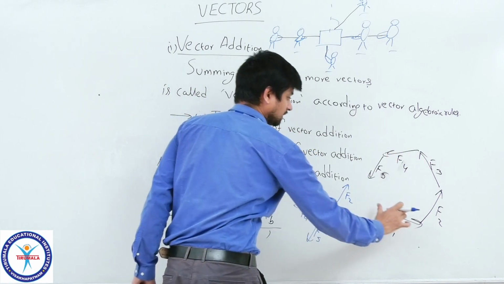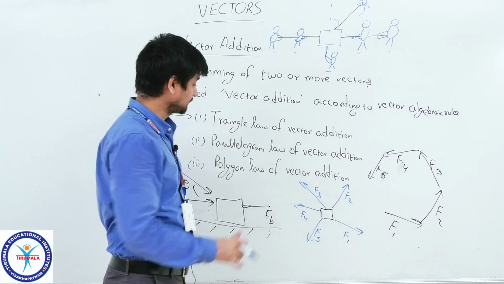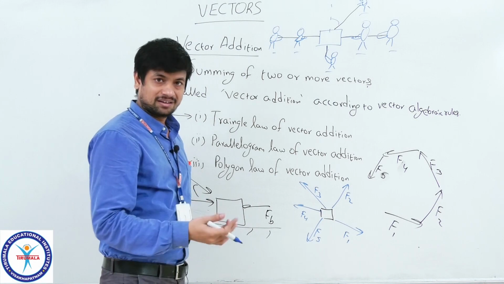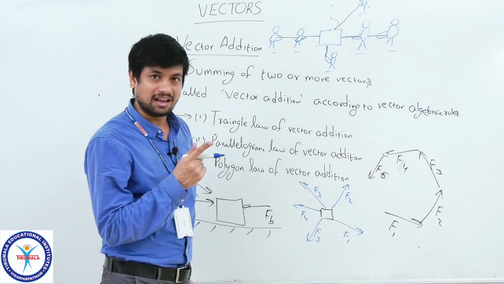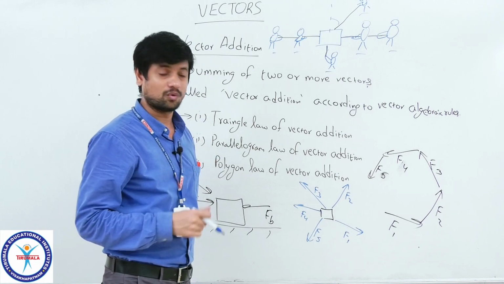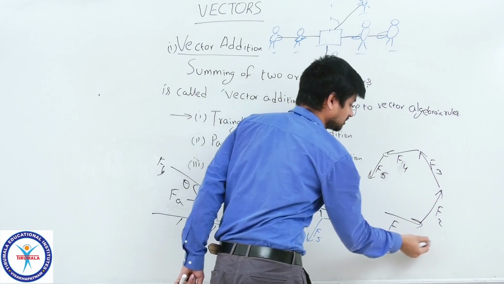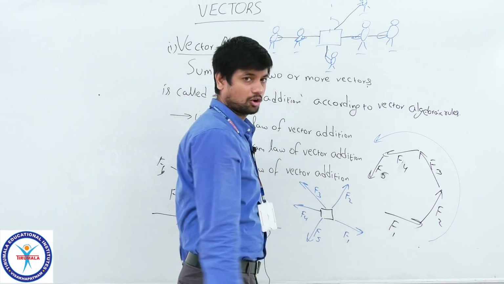So, 5 forces are acting. What will be its resultant? The polygon law tells you, if the vectors are represented by the sides of the polygon along one direction, look at this, along one direction. Which direction, children? Anti-clockwise, or you can keep it clockwise.